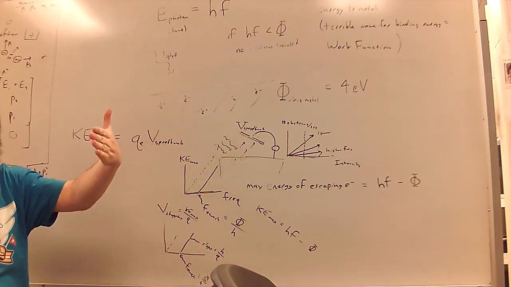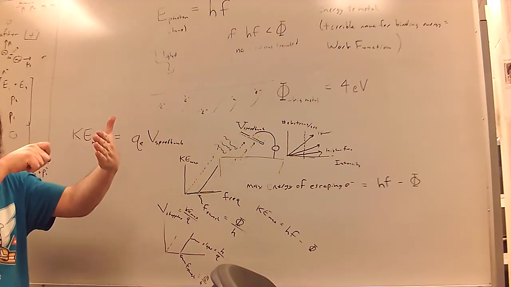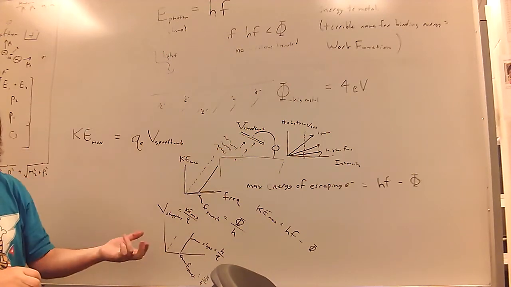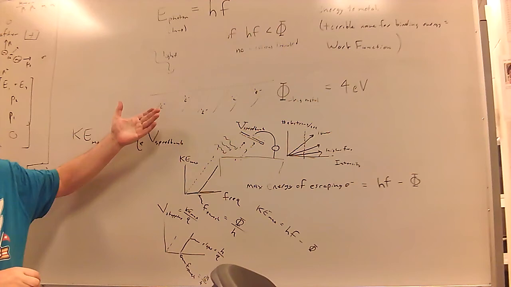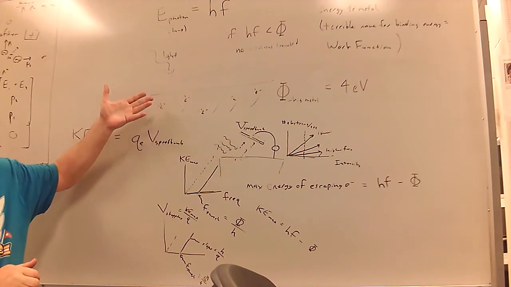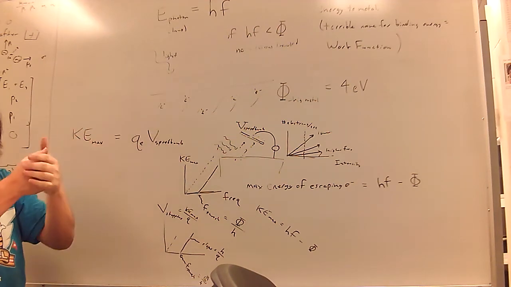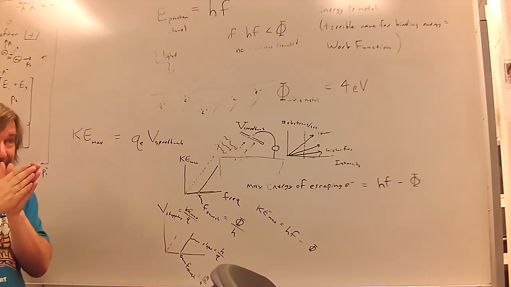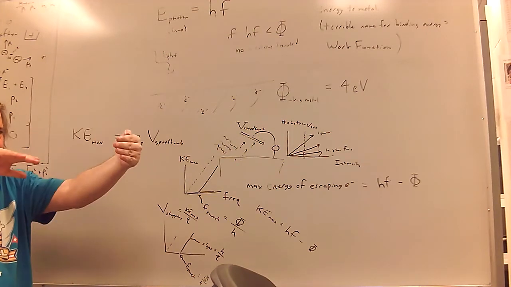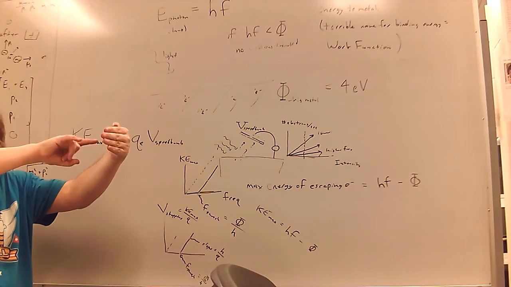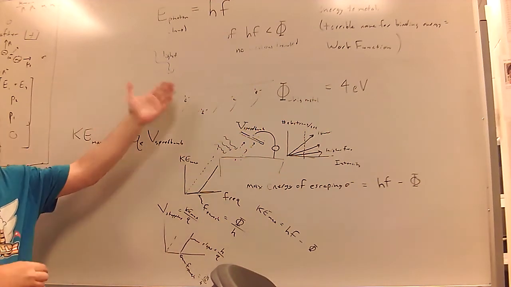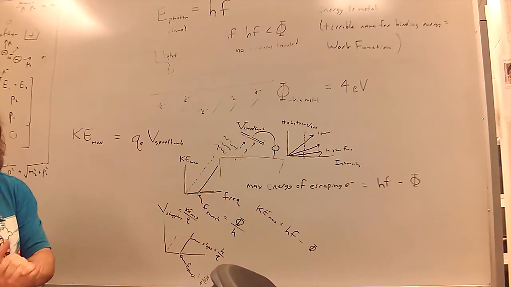And the reason you cared about the maximum kinetic energy wasn't that you had a fixation on making these electrons go as fast as possible as they escape the metal. It's because this was the evidence that made people realize that light is quantized in the first place. This whole network of results that we've been showing here makes perfect sense if we say that light comes in lumps of energy hf, and makes no sense if you think of light as a continuous wave that can be tuned to whatever amount of energy you want.